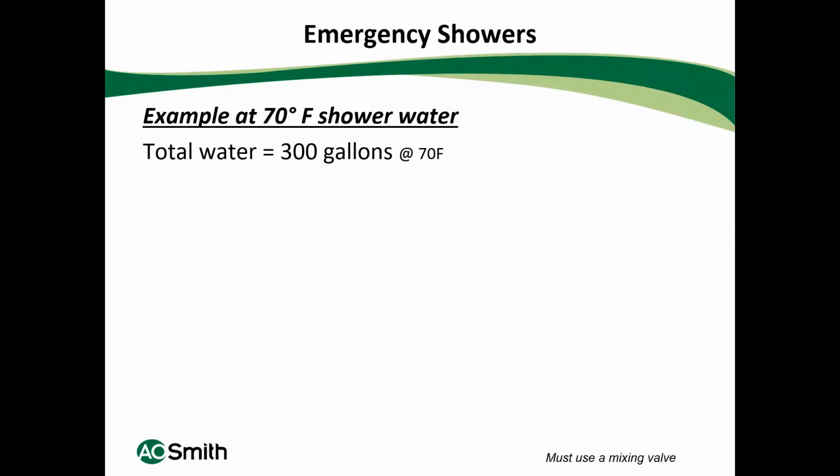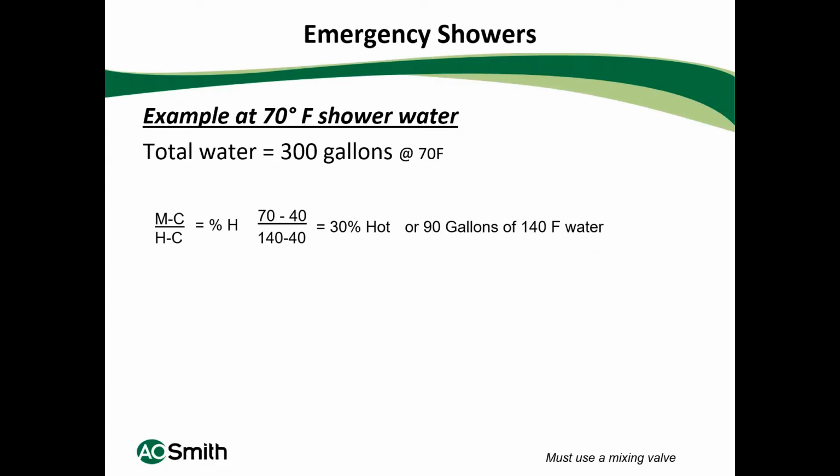Here's an example. The emergency shower output temperature is going to be 70 degrees Fahrenheit. As we said, 20 gallons per minute for 15 minutes equals 300 gallons of water that needs to flush at 70 degrees Fahrenheit.